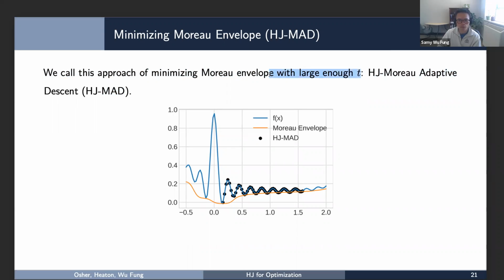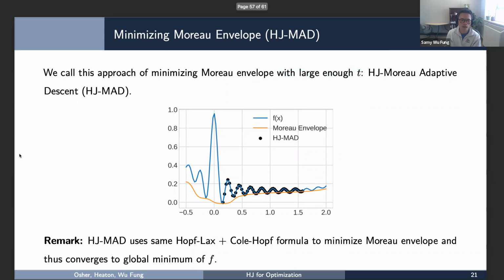Essentially, you pick a large enough t, and say I start here. If I perform gradient descent on the Moreau envelope, I can get to the global minimizer of my function f. Again, the idea of this approach is to use the same trick, the Hopf-Lax formula, and then use a Cole-Hopf transformation to get an approximation of the gradient of the Moreau envelope.